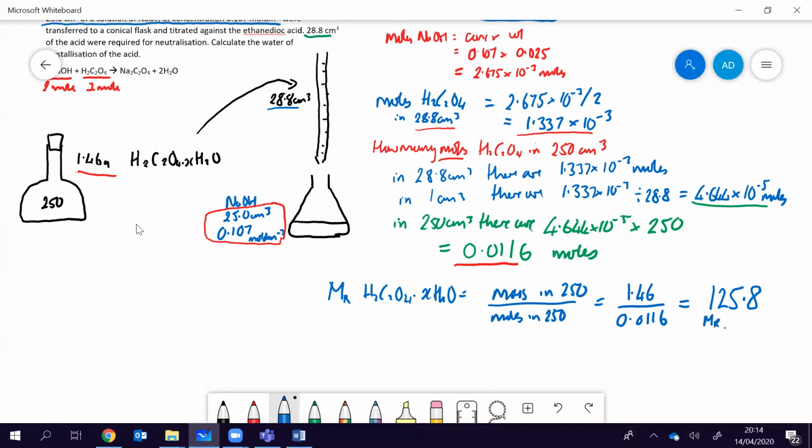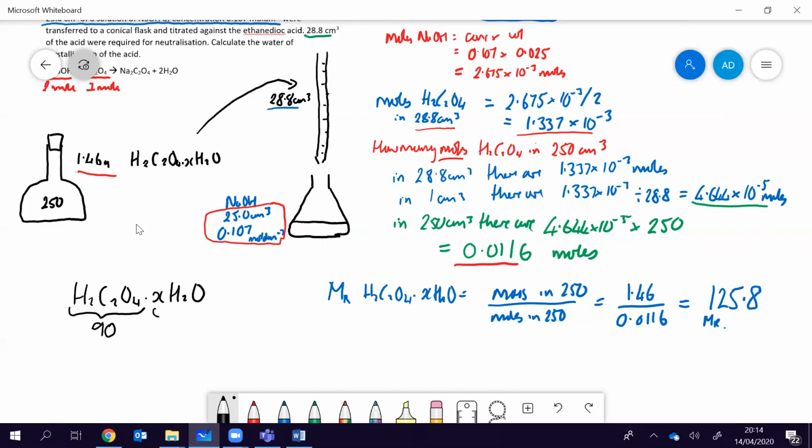Okay, so we're going to write down this formula here, H2C2O4.XH2O. Well, the MR of this bit here is 2 plus 2 times 12 plus 4 times 16, which is equal to 90.